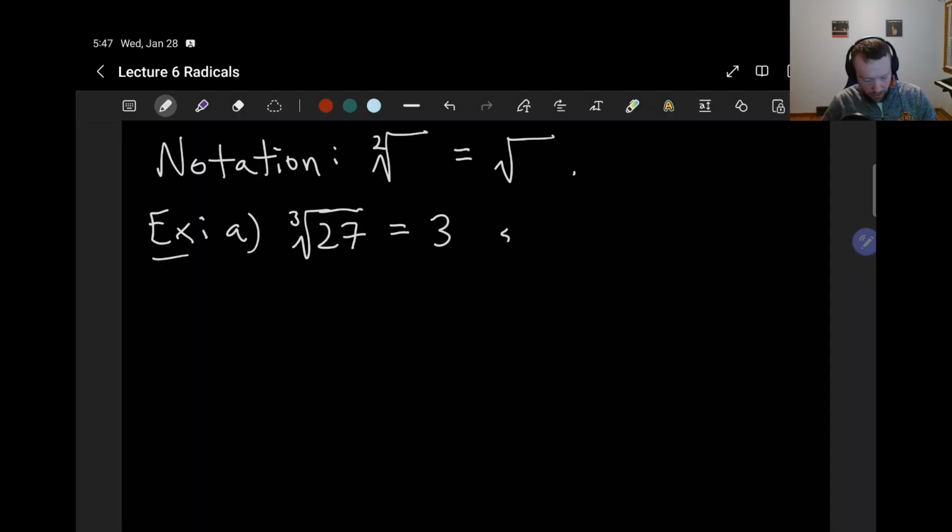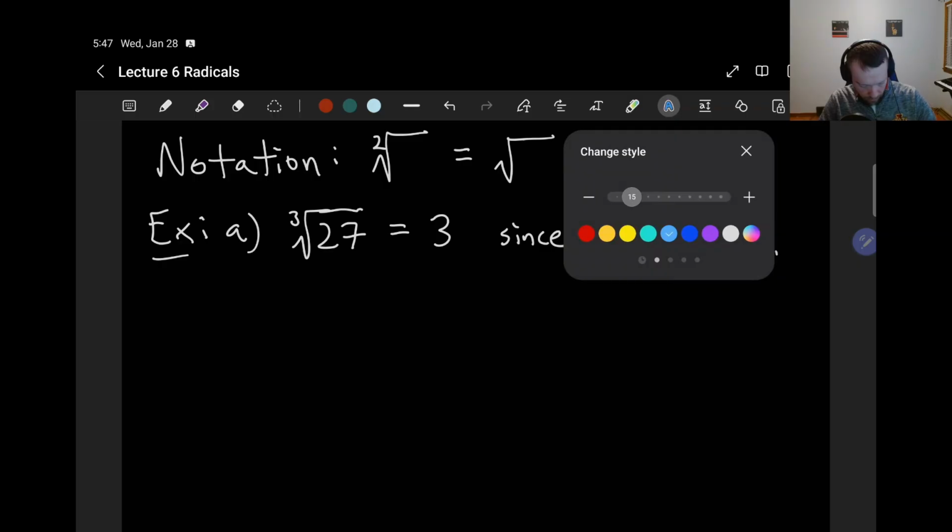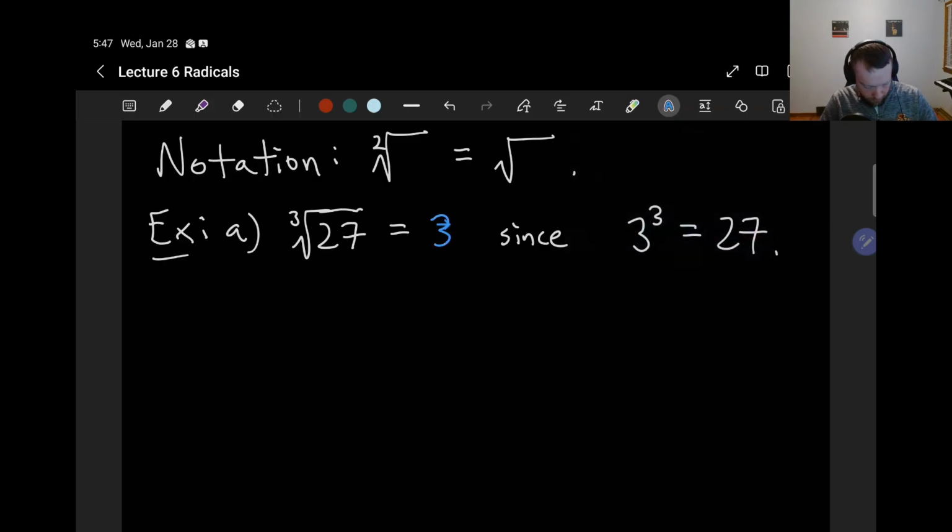The answer is 3, and this is because if you think about it backwards in terms of exponents, 3 cubed is 27. And now to be extra clear, this 3 is the same as this one. So we have a couple 3's floating around. And why not? This index 3 is the same as this power 3.